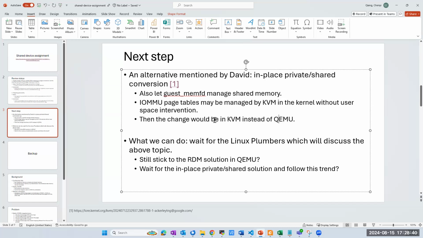So I think this topic will be discussed at the Linux Plumbers conference. Is it proposed there, or is it already on the schedule? It's already on the schedule.